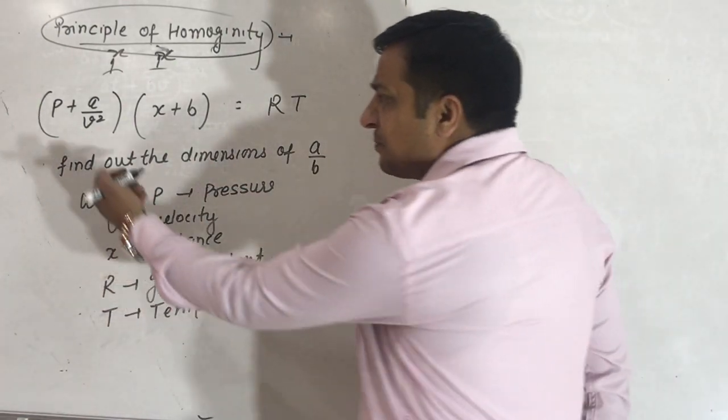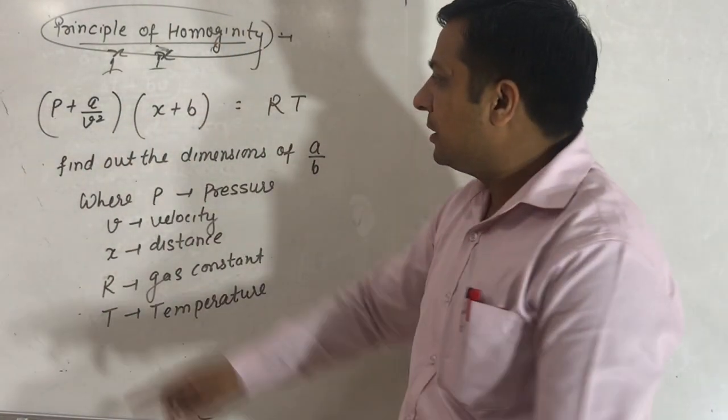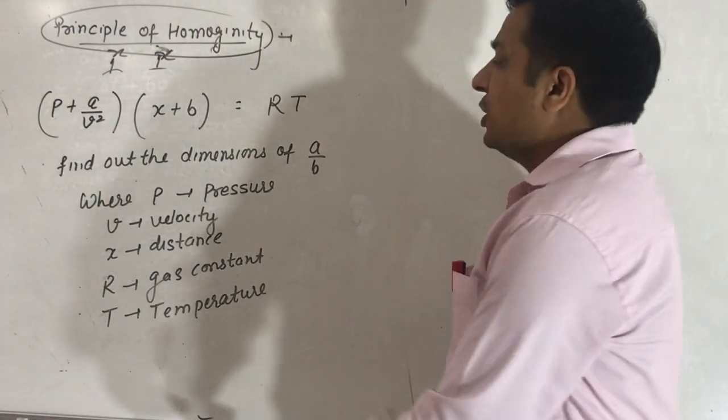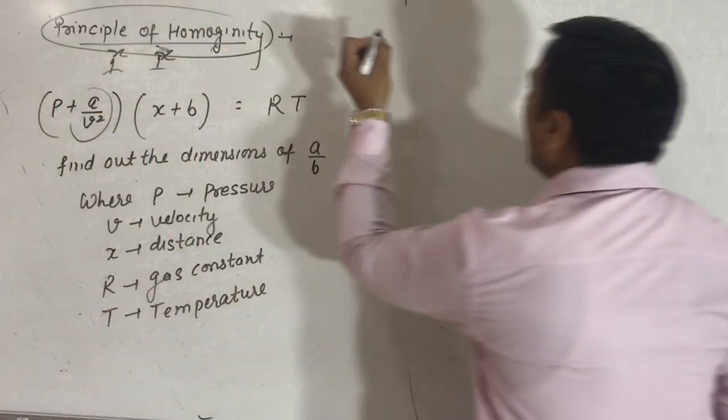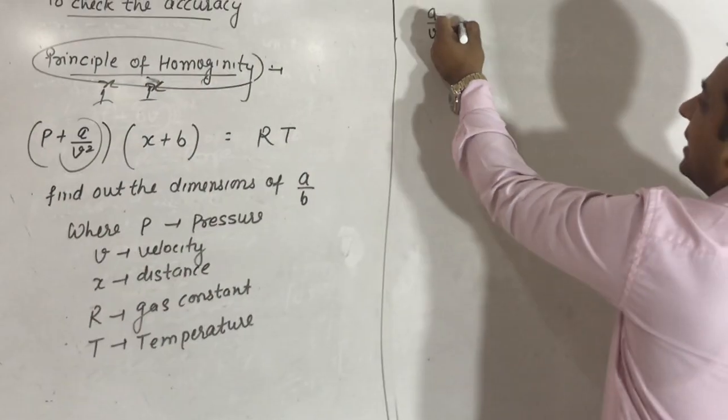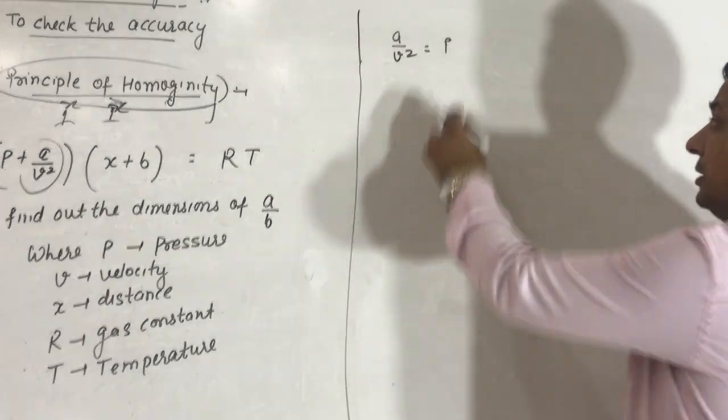Here, this is pressure, sign of plus. So pressure can be added into pressure. So this term is also equal to pressure. In this statement, A by V square is equal to pressure.